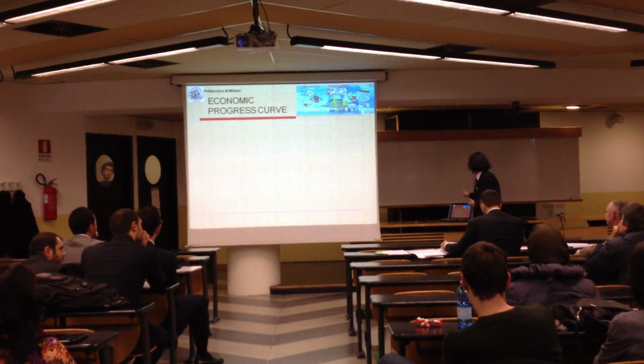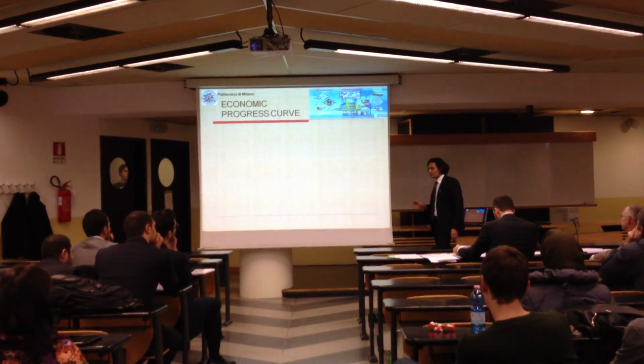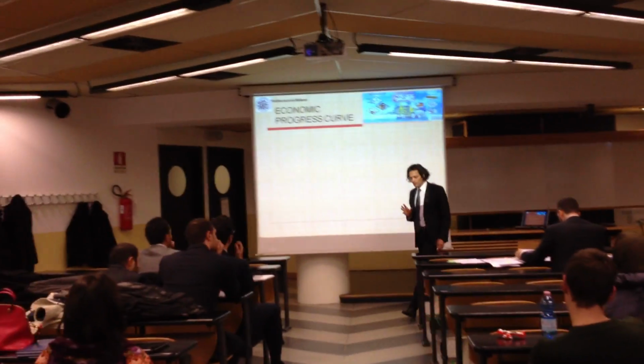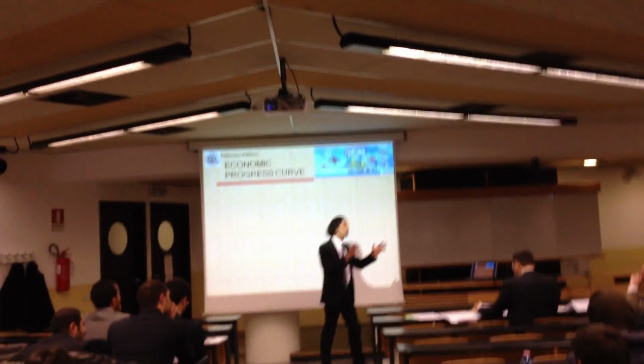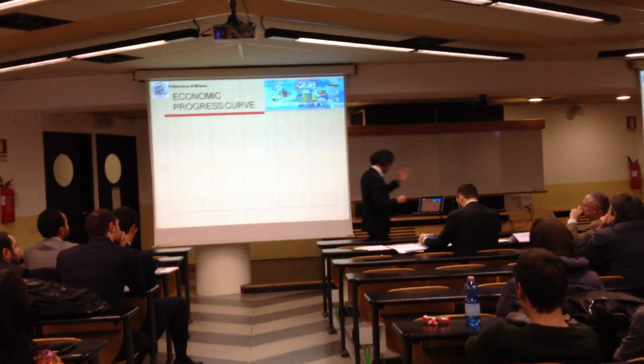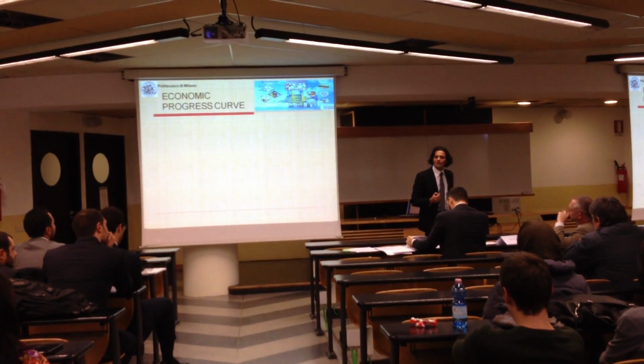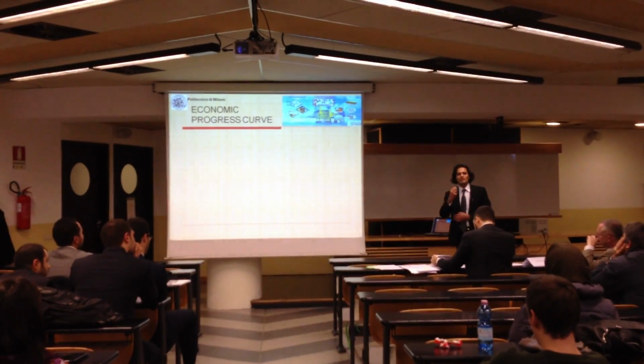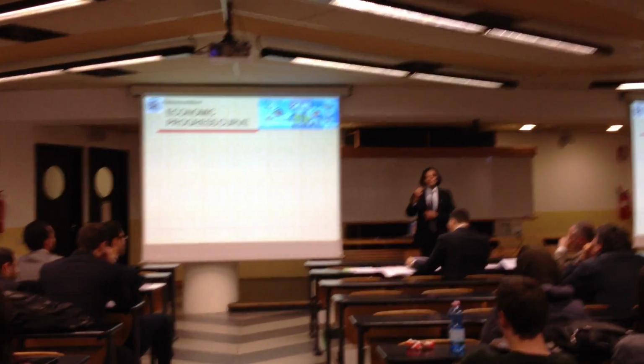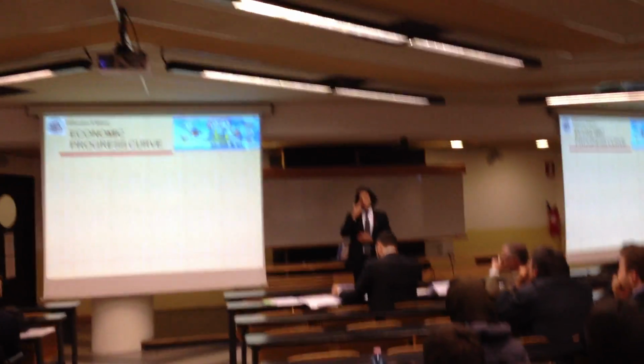Perfect. Now we're going to talk about the economic progress curve. What is it? We have the design cost and a Gantt chart, but how much does it cost? Say there's a project of 5 million euros, and the company goes to the bank and asks for money.